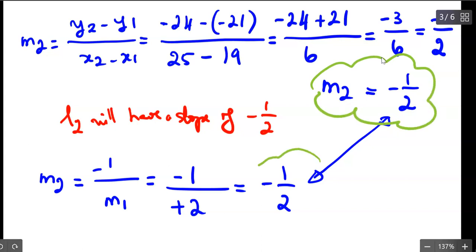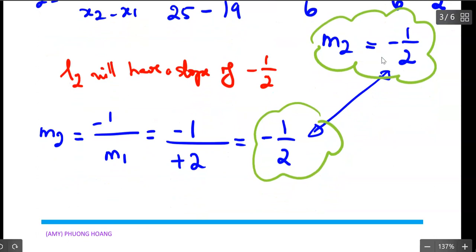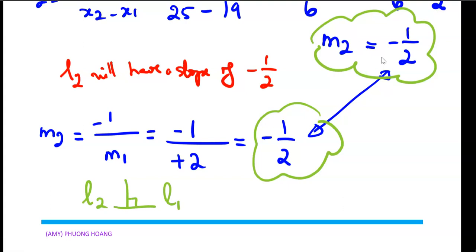So this key will tell you that L2 is perpendicular to L1, or L1 perpendicular to L2.